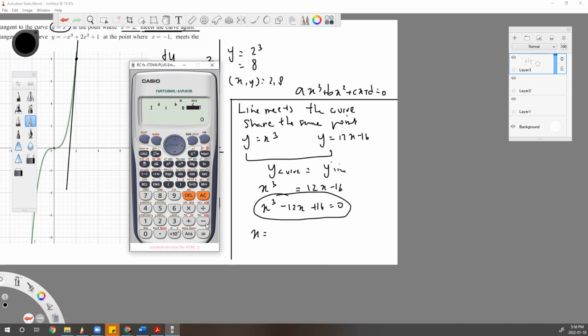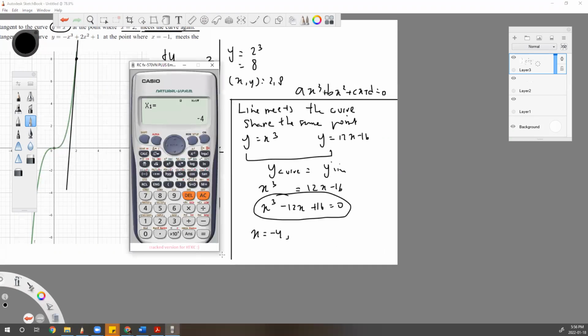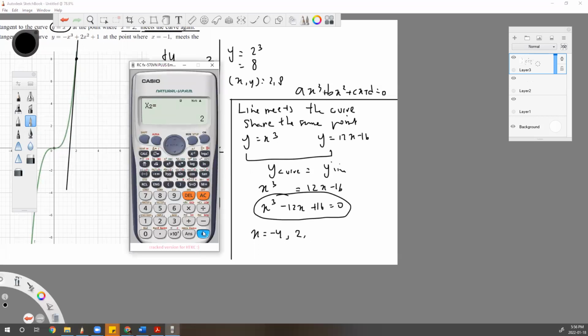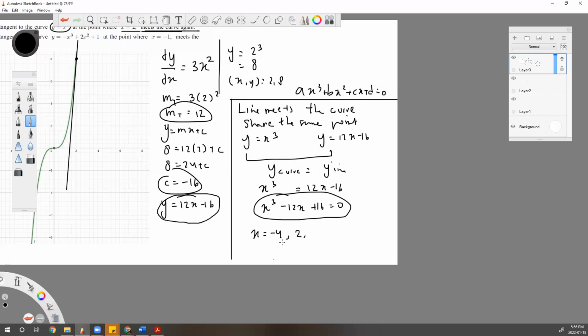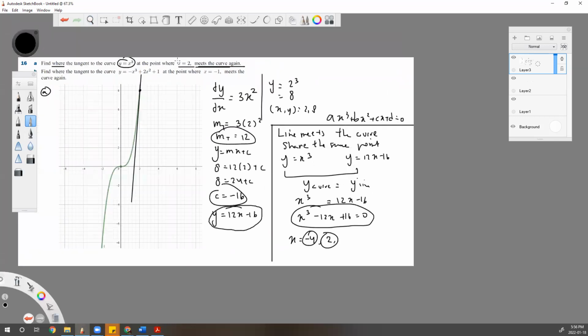C is -12, and d will be 16, and the answers will be -4 and 2. Just two numbers, -4 and 2. As you can see, x equals 2 is already occupied by the question, so you need to ignore this.